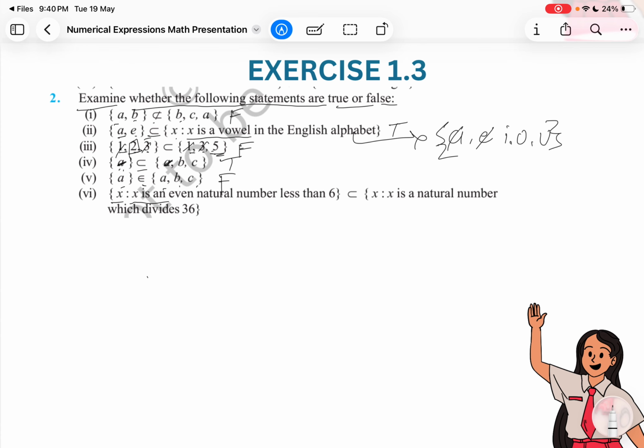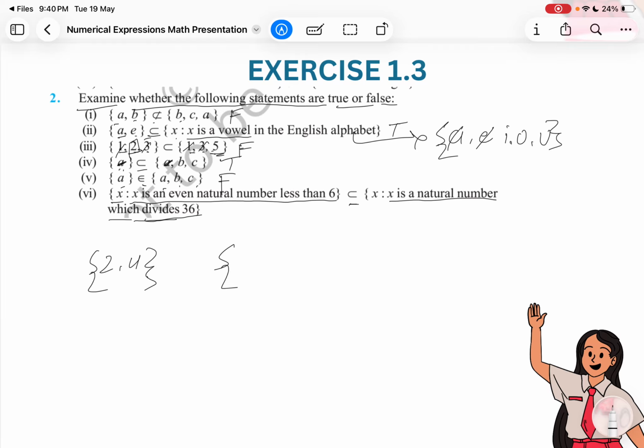Now X such that X is an even natural number less than 6. So even natural numbers less than 6 will be 2 and 4. Now it's a subset of X is a natural number which divides 36.